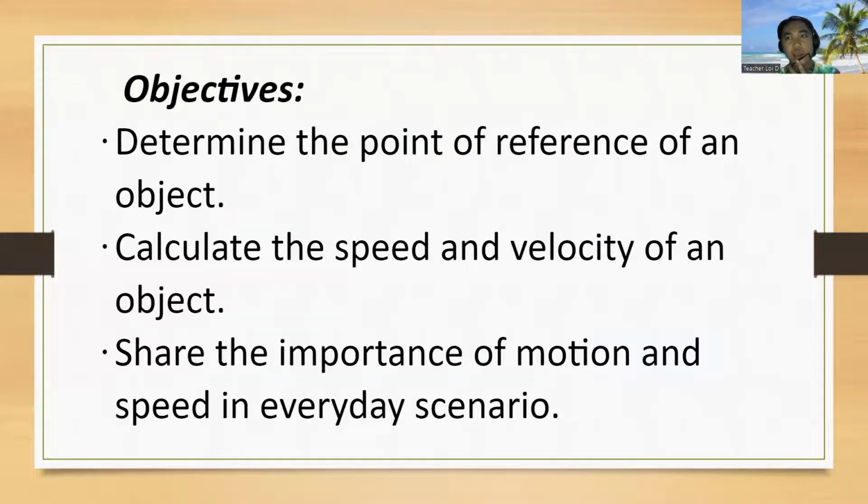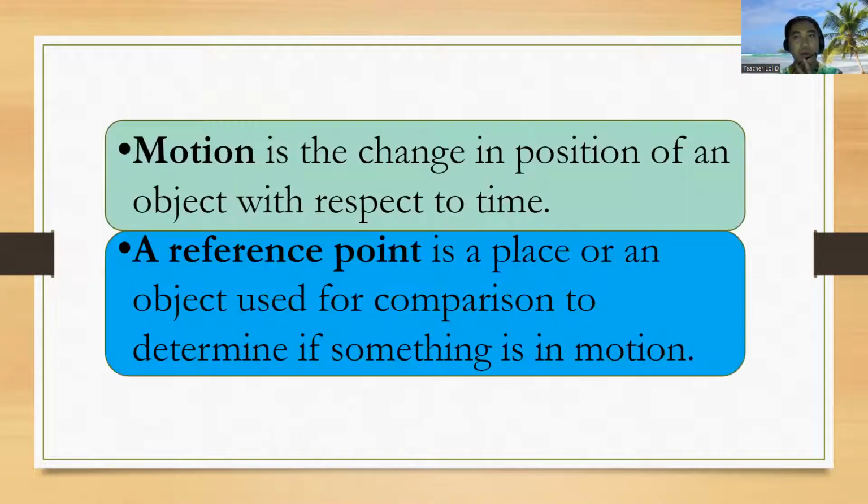So these are objectives. Determine the point of reference of an object. Calculate the speed and velocity of an object. Share the importance of motion and speed in everyday scenario. So ano nga ba ang motion? Motion is the change in position of an object with respect to time.